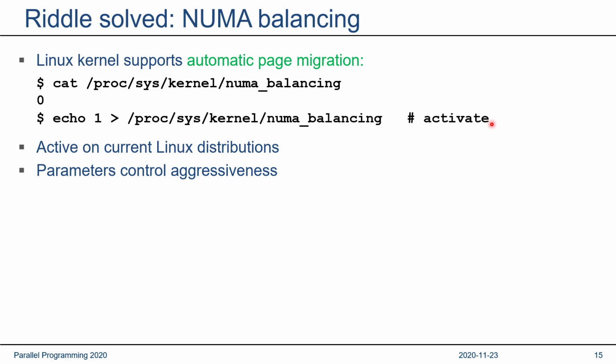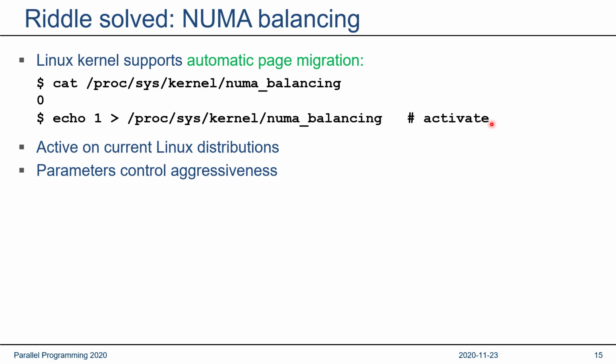Now what it does is it monitors for every process the locality properties of memory access. Let's not dwell on how this is actually done. So it tries to monitor whether you have a lot of non-local accesses to certain memory pages, and when this happens on a memory page, it tries to move the page into the memory domain of the thread that accesses it most frequently.